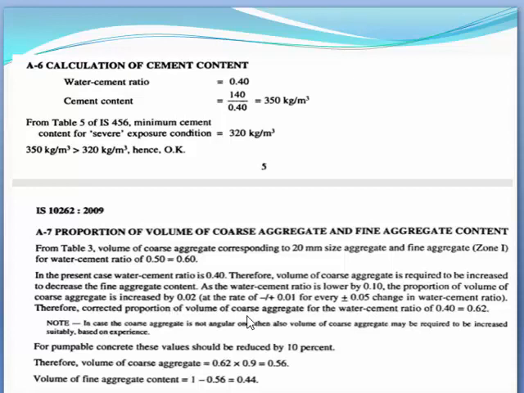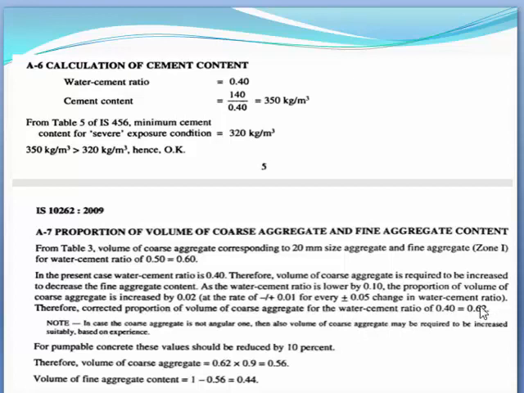The basis will be this: at the rate of minus plus 0.10 for every 0.50 change in water cement ratio, we need to adjust the volume of the coarse aggregates, right? So therefore the corrected proportion of volume of coarse aggregate for the water cement ratio 0.40 is 0.62.